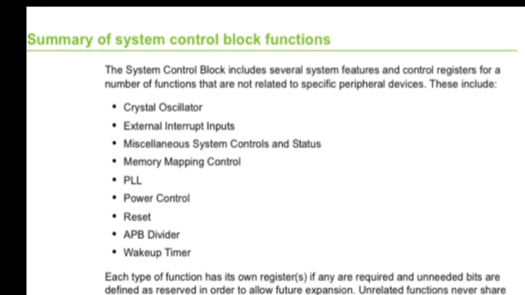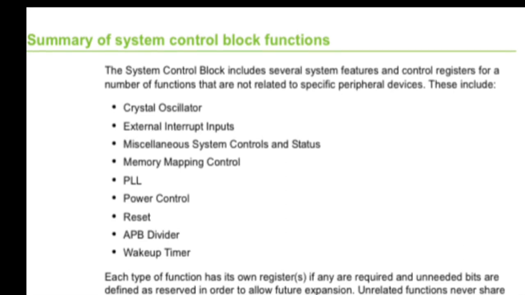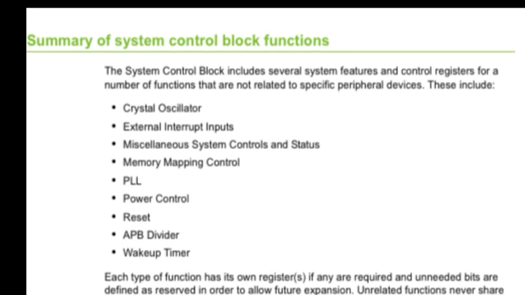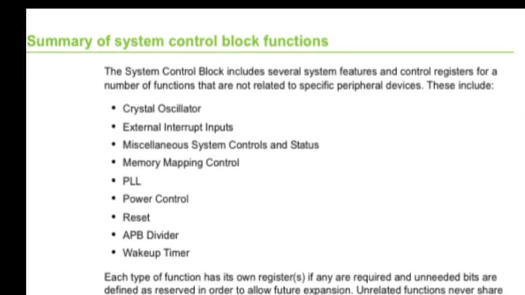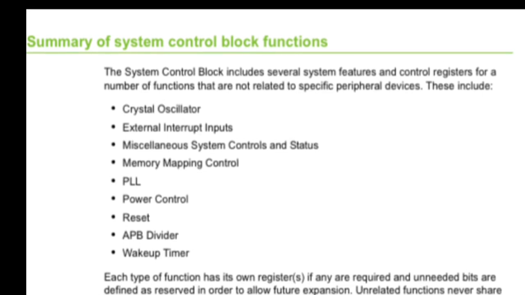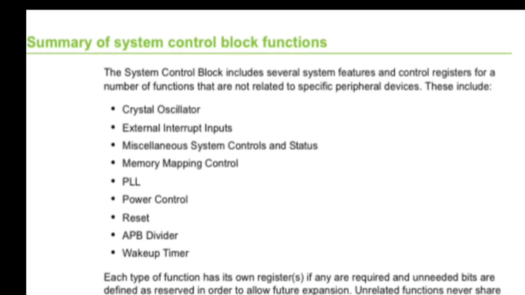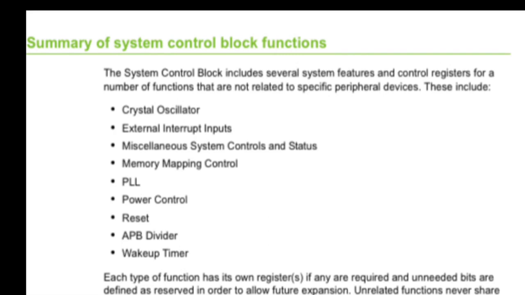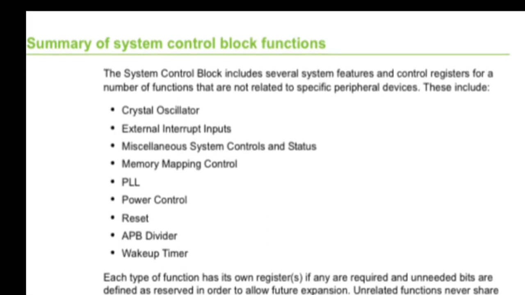The system control block functions include several system features and control registers for a number of functions that are not related to specific peripheral devices. These include the crystal oscillator, external interrupt inputs, miscellaneous system controls and status, memory mapping control, phase locked loops, power control, reset, advanced peripheral bus divider and wake up timers.